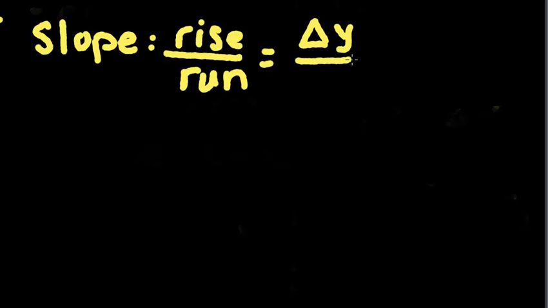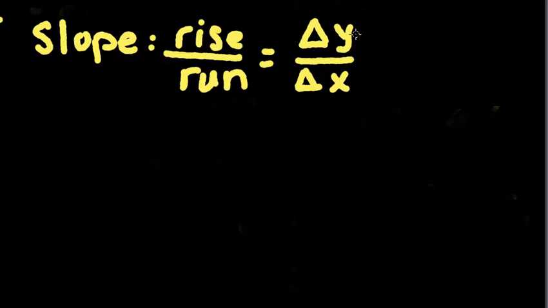So slope is defined as rise over run, and it measures how steep your line is. It is the change in y over the change in x.